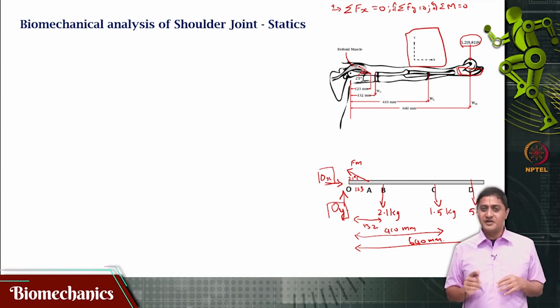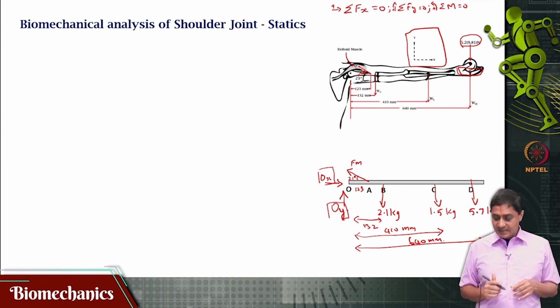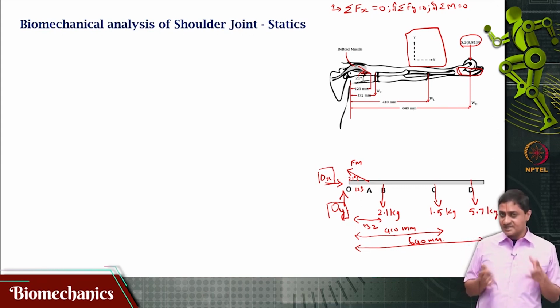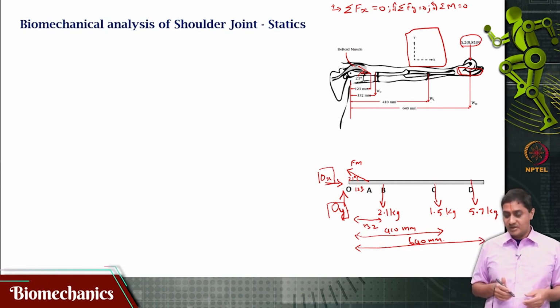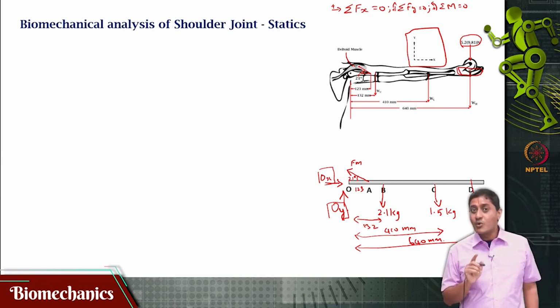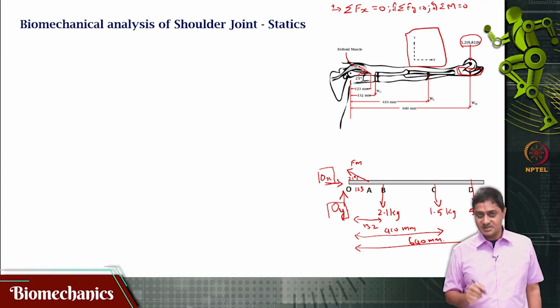I will anyway have to write out the moment equation, and in the moment equation if I take the moment about O, which is a reasonable point to take the moment about, then there will only be one unknown because all other distances and forces are known to me.